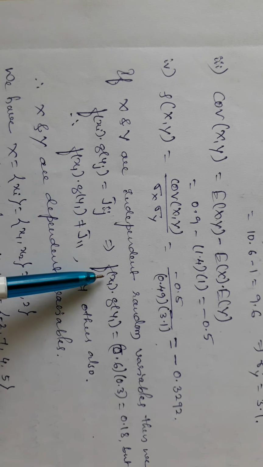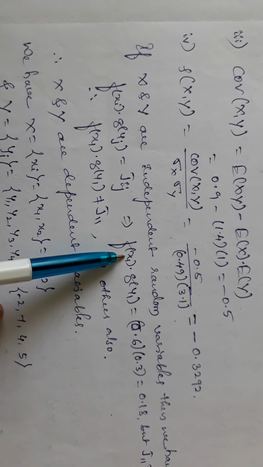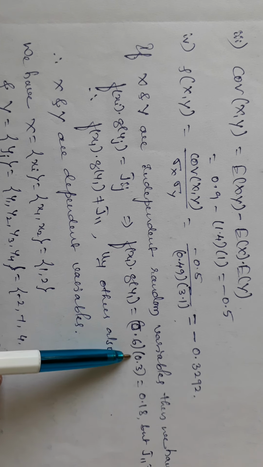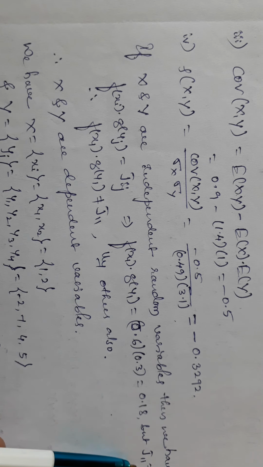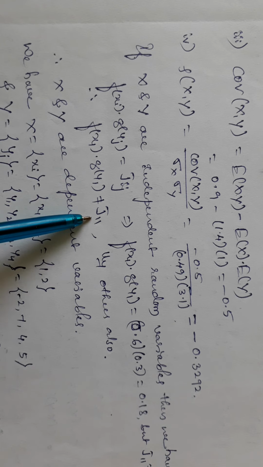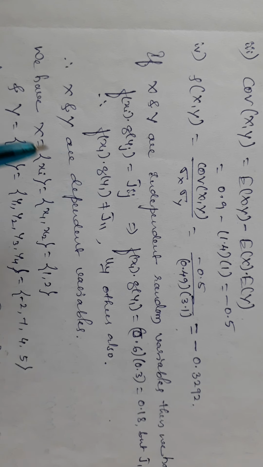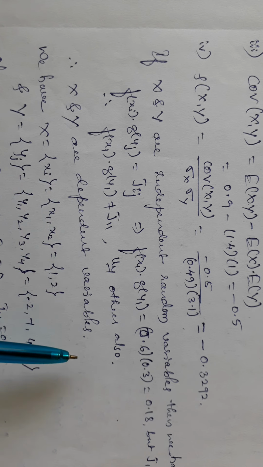Now we can check randomly. Take f of x1 and g of y1, that is 0.6 and 0.3, which gives 0.18, but the j11 value is 0.1. Therefore, f of x1 into g of y1 is not equal to j11. Similarly, for other values, the above condition does not hold. Therefore, the given x and y are dependent variables.